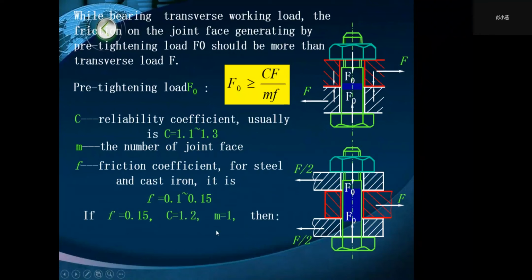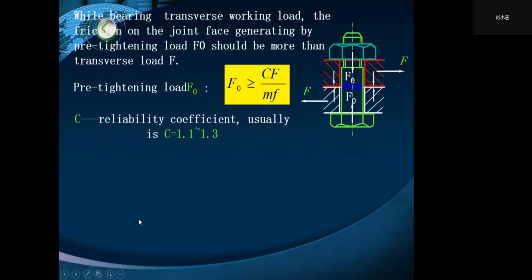Then we can calculate F0: the preload should be larger than 8 times the transverse load. So the preload is very high.